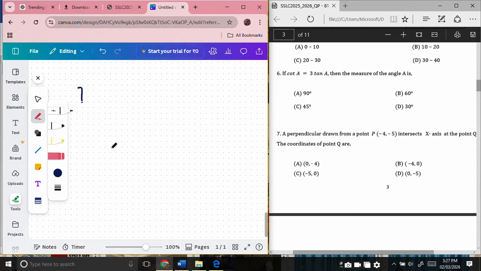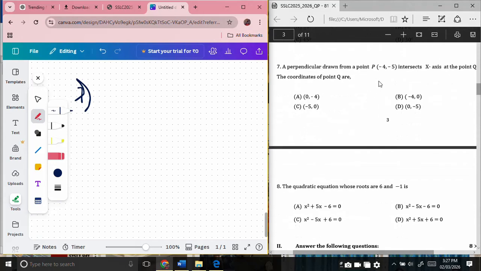Let's move to the seventh question. A perpendicular drawn from point P (-4, -5) intersects the x-axis at the point Q. The coordinates of point Q are? So the point is (-4, -5).